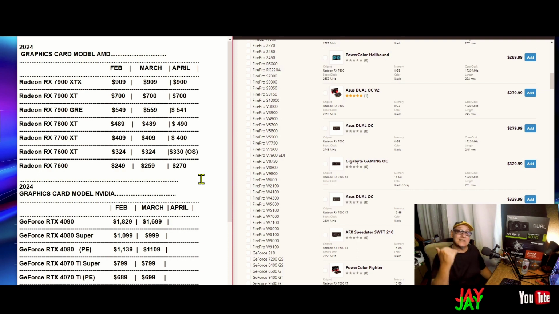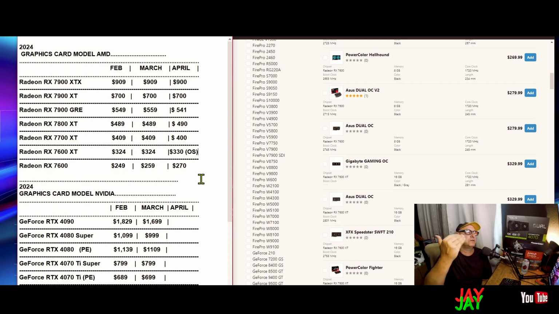Okay, now the list that I have in front of me right now is what I think is the best for AMD Radeon: the RX 7900 XTX, 7900 XT, 7900 GRE, 7800 XT, 7700 XT, 7600 XT, and 7600, which I think is the best for the 7000 series. Going backwards to the last generation, I don't think it'd be beneficial.